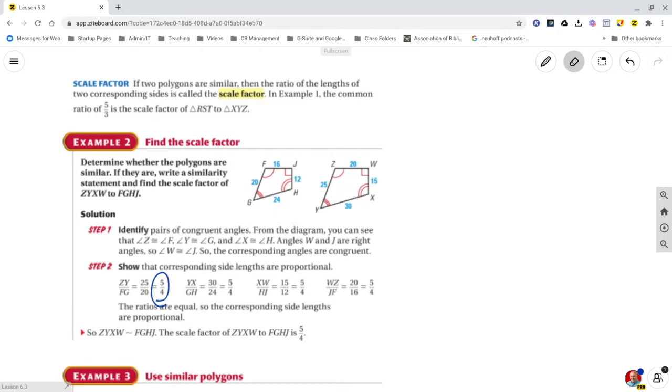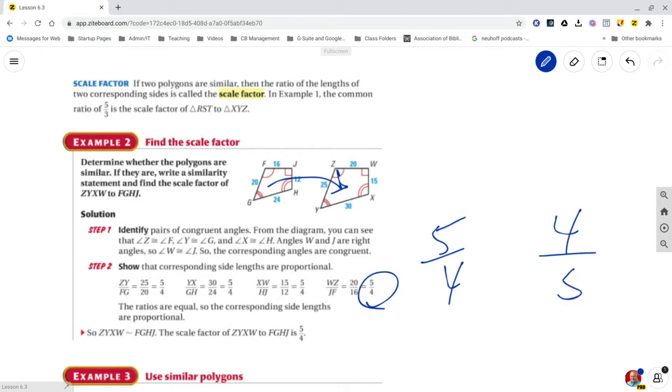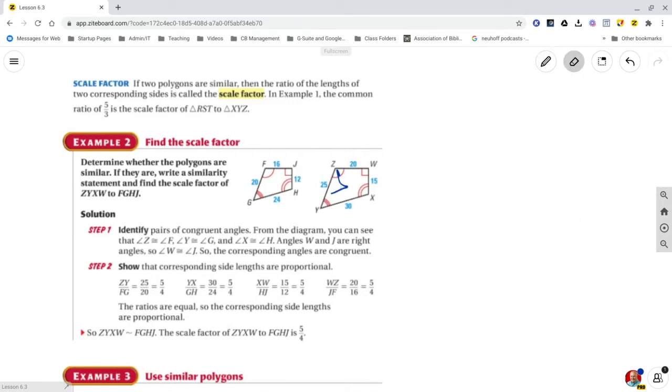If we were to go the other way, comparing this to this, meaning we're going from the big one to the small one, it would be the reciprocal. So instead of being 5 over 4, the scale factor would actually be 4 over 5. We can tell then which way we're going because in one case the scale factor is greater than 1, in the other case its reciprocal is less than 1.